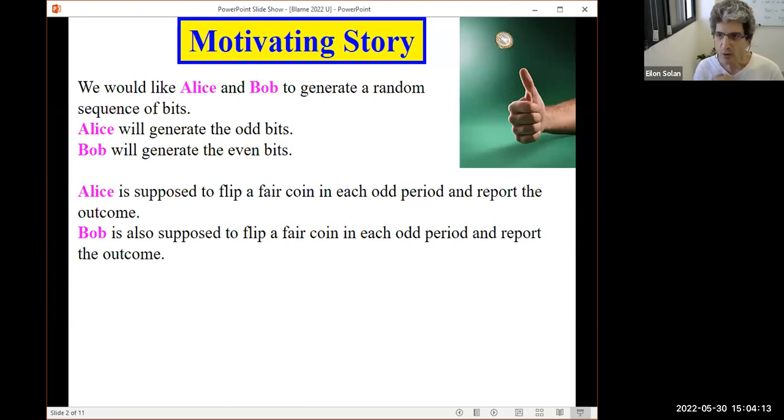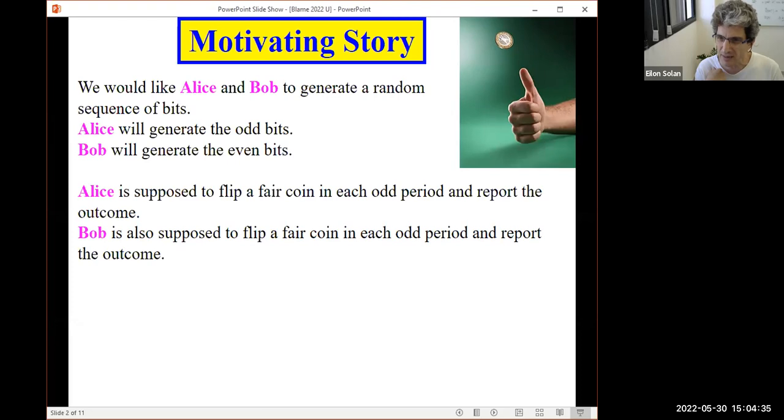This way, we obtain an infinite sequence of bits. They were supposed to flip fair coins, but how do we know that they indeed did it and did not deviate? So we decide to have a randomized test.